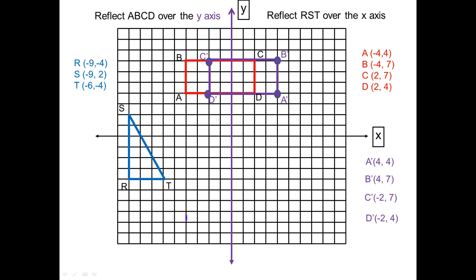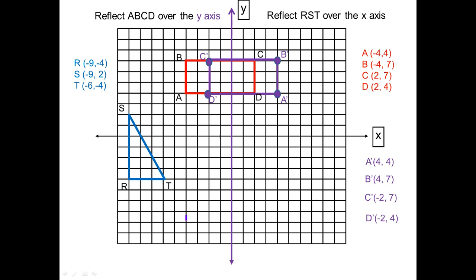If we've reflected over the y-axis, that tells us our x coordinates are going to change sign, but our y coordinates are going to remain the same. And we can verify that by negative 4, 4 became positive 4, 4. Negative 4, 7 becomes positive 4, 7. 2, 7 becomes negative 2, 7. And 2, 4 becomes negative 2, 4.